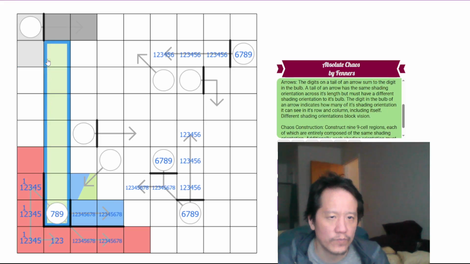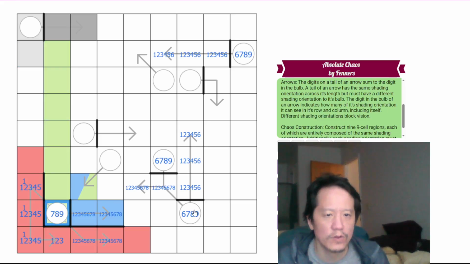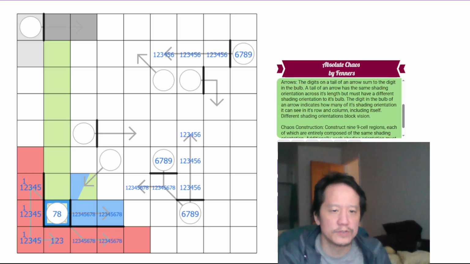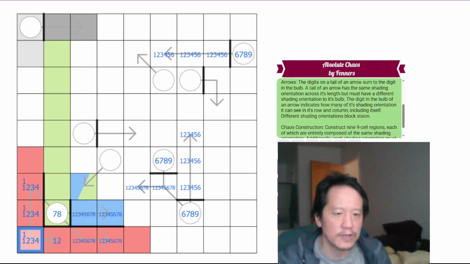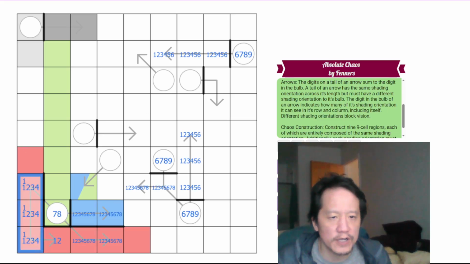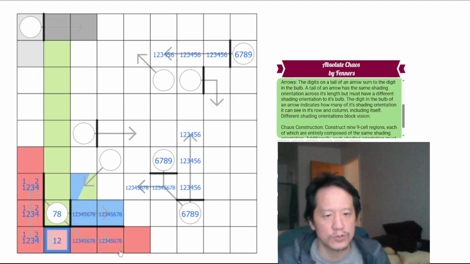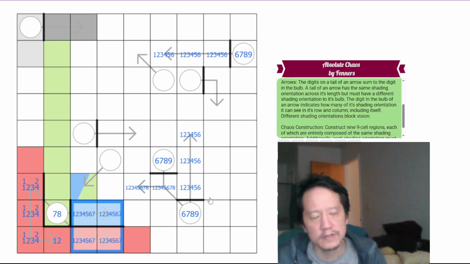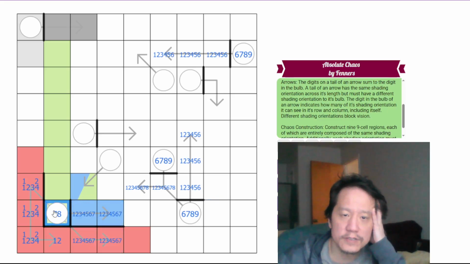It can never be 9, so this can't be 5. This can't be 3. So this is 1 or 2 here. These cannot be 8. This sees 7 or 8. This sees 6, 7, 8, or 9, so it must see the same 5 here.